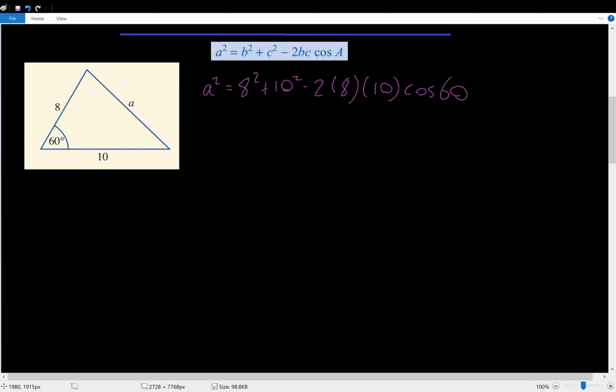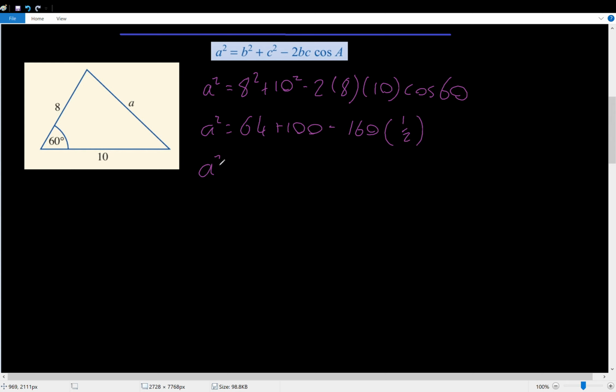And then we just have to solve this out. So a squared is going to be equal to 64 plus 100 minus 160 times the cos of 60, which is 1/2.